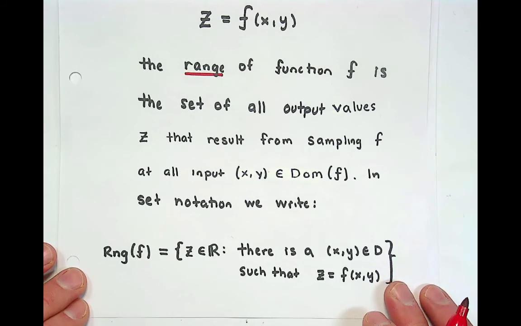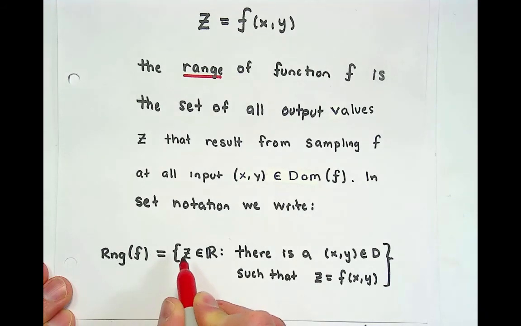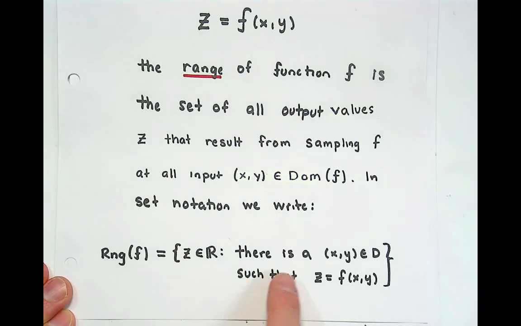This is a bit of a lift, but I think we can do it. The range of f, RNG of f, is equal to the set of all z in the codomain such that there is an input ordered pair x comma y in the domain where the output z is achieved by evaluating f at this input. So it's the set of all achieved outputs for at least one input in the domain.